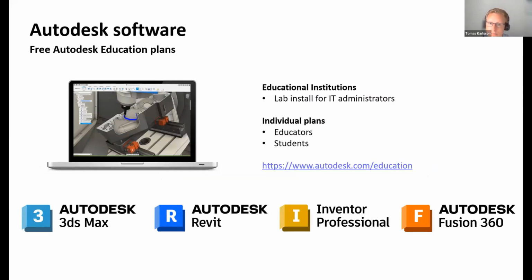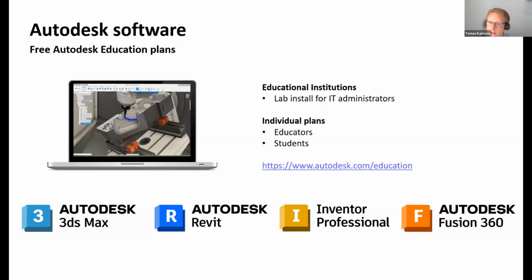There's one for the institution level, where you can access licenses for your IT labs and computer rooms. And there's then individual plans for both educators and each student to download the software and use it on their personal machine.